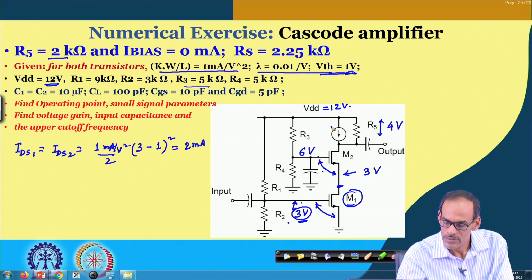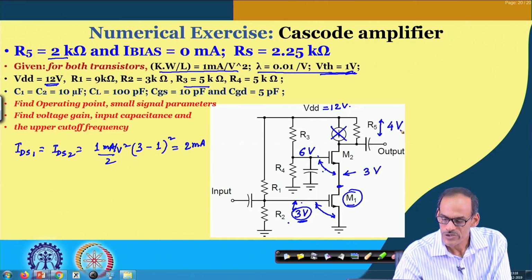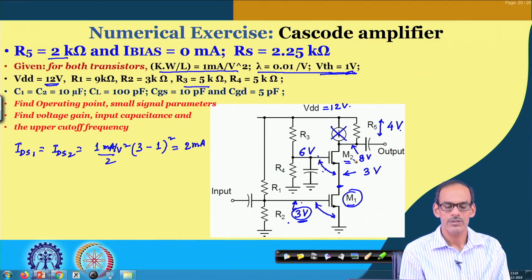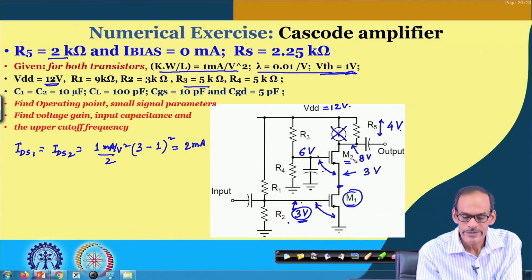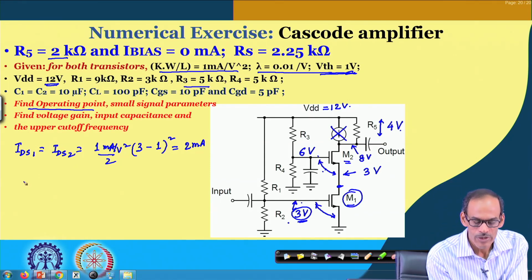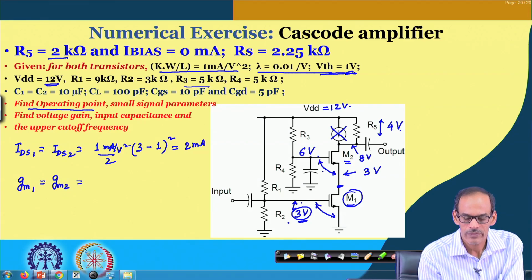We are assuming that this is 0, and so with this drop of 4 volt, the voltage coming here is 12 minus 4, so that is 8 volt. Again transistor 2 is in the saturation region. So, with this, of course, we got the appropriate operating point of both the transistors. Now, small signal parameter wise we can calculate GM 1 equals GM 2, and their values are 2 milliampere per volt.